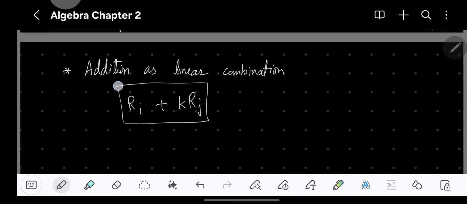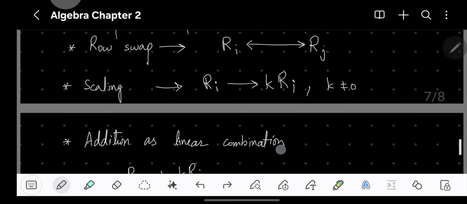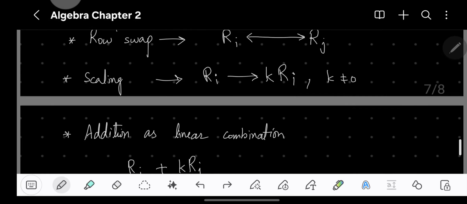This is called addition as a linear combination. Using these three operations, we can convert our given matrix into the echelon or the row reduced echelon form.